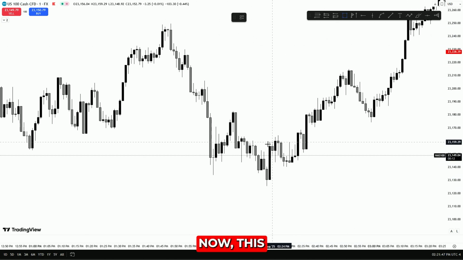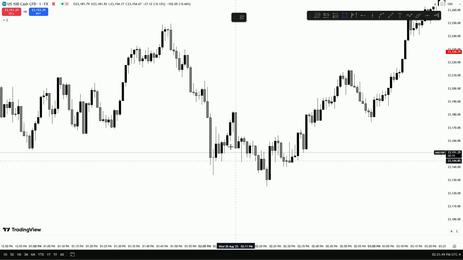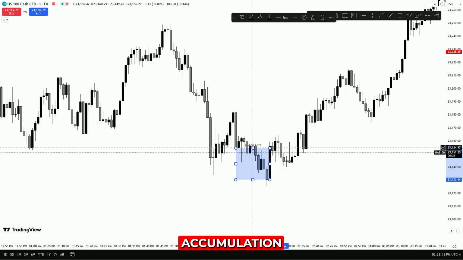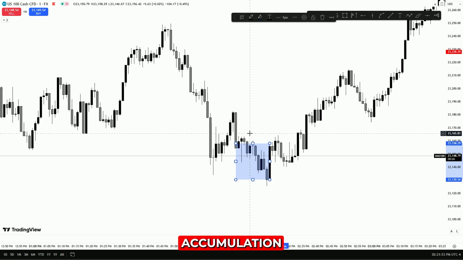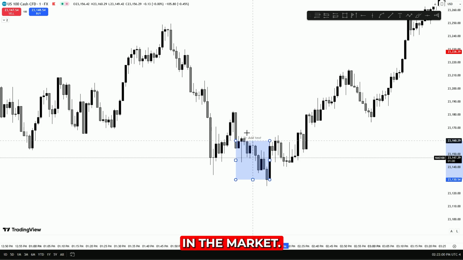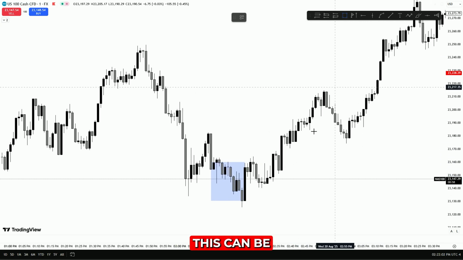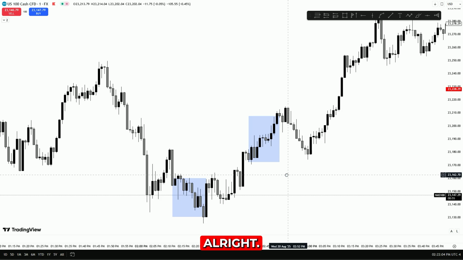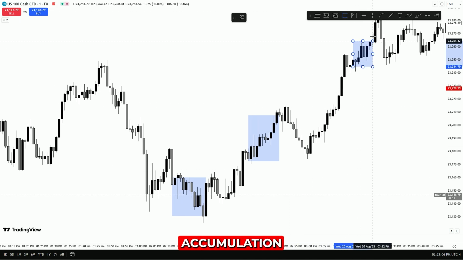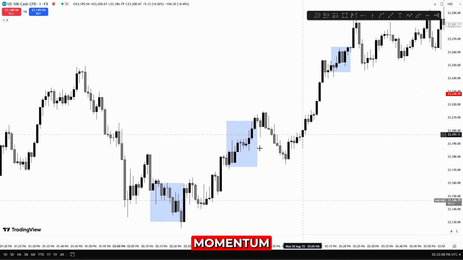Now this is the accumulation area. Sometimes accumulation will be something like this. Basically accumulation is nothing but just a slow momentum formation of liquidity in the market. This is your accumulation. This can also be counted as accumulation. All right, this can also be counted as your accumulation, because these are slow momentum candles.